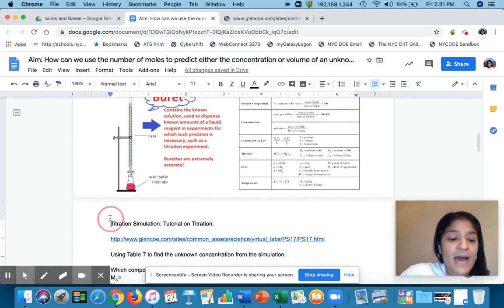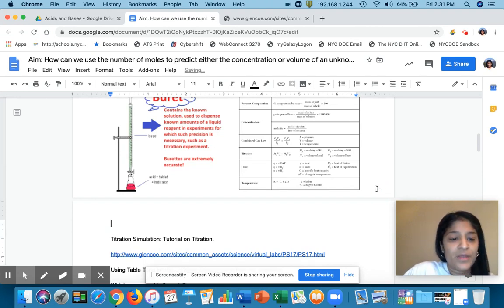If we go back to what we learned last week, we learned that molarity is equal to the number of moles divided by the liters of solution.